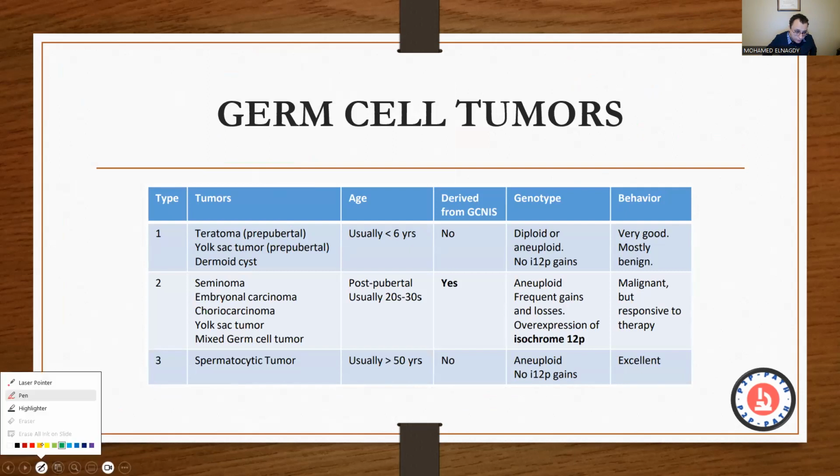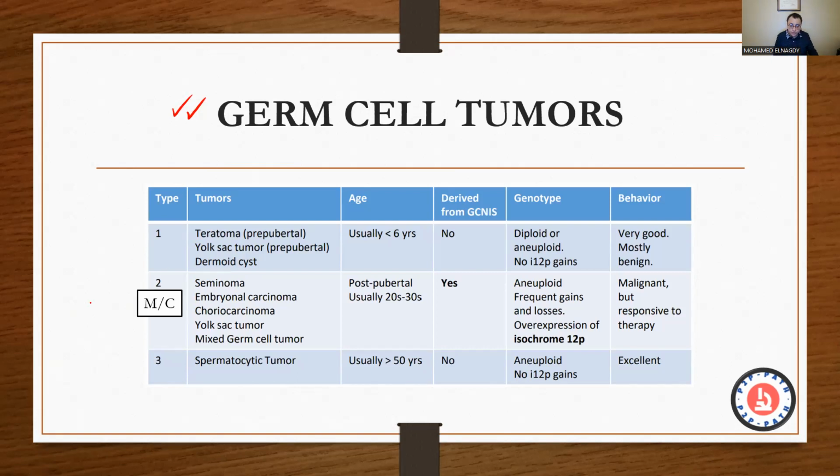Let's now go over the germ cell tumors and start our journey with these ones. Germ cell tumors, as highlighted here in Kurt notes, have three types: type 1, type 2, type 3. You need to remember that type 2 germ cell tumors are the most common types of germ cell tumor.